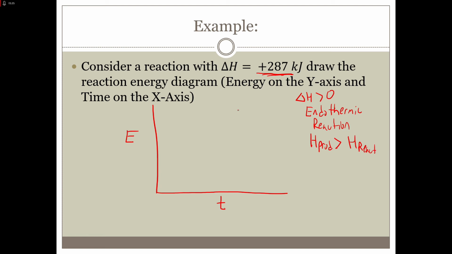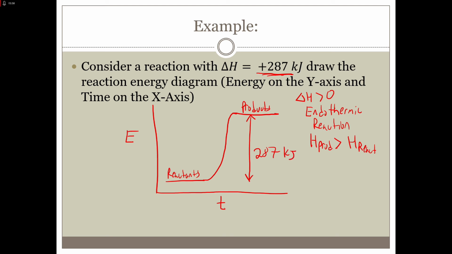So the products will absorb some energy, so they will be somewhere up here. Products. Reactants will be somewhere down here. And they will gain some energy to go up that way. And this height here will be 287 kilojoules.